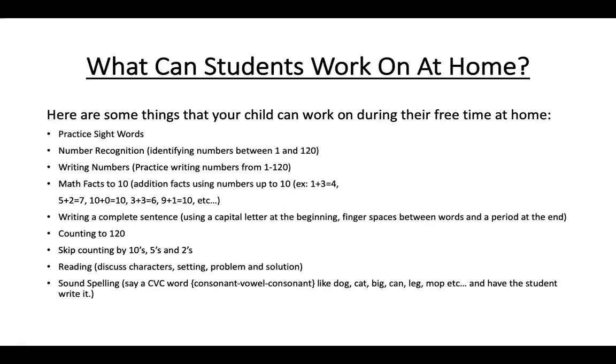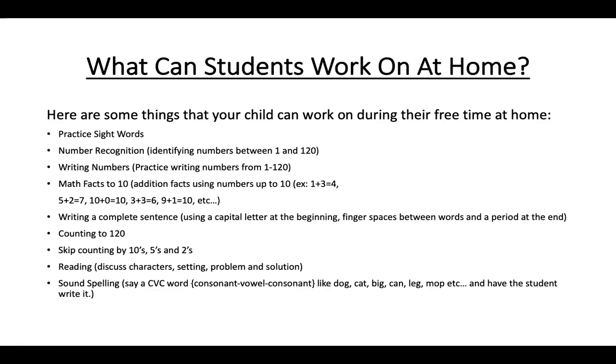Writing a complete sentence is also a good thing to practice. Make sure they're using a capital at the beginning of their sentence, finger spaces between each word, and a period at the end of the sentence. Counting to 120. We do this every day in our Zoom meeting, but if they're not counting to 120 yet, practicing that at home is great.